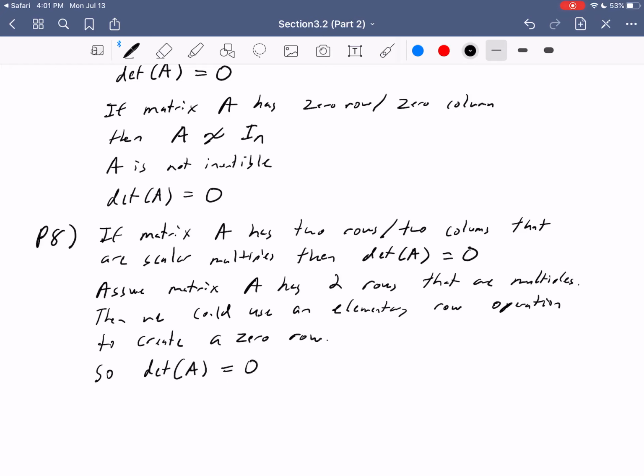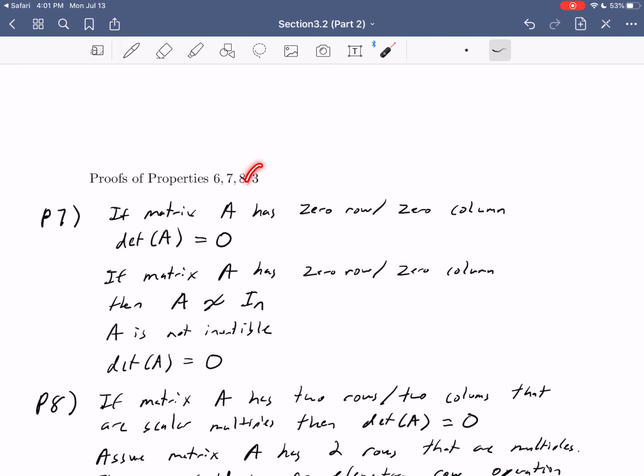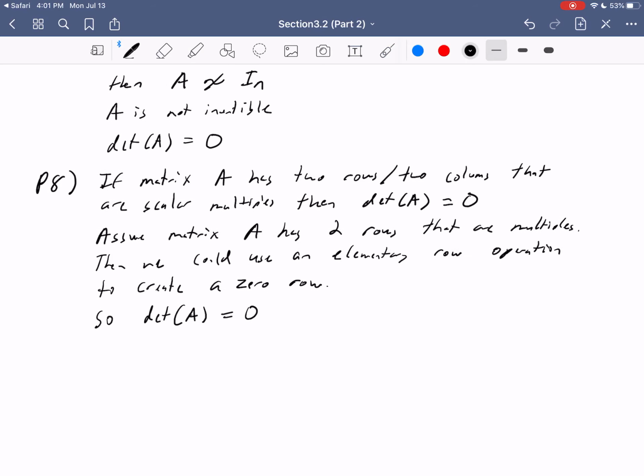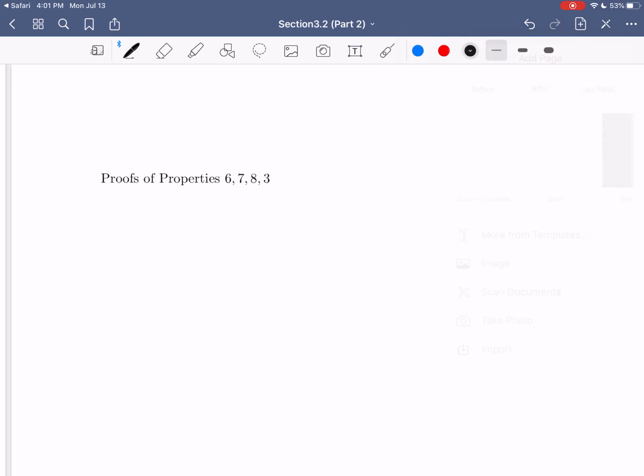So there we go. All right, what we'd like to wrap up with is actually proving property 3, which is the main one that we wanted to talk about. So let's go ahead and talk about property 3. We'll do that on one more new page.